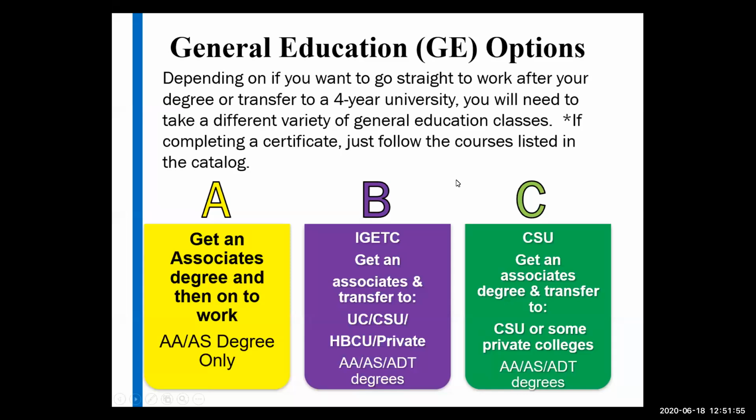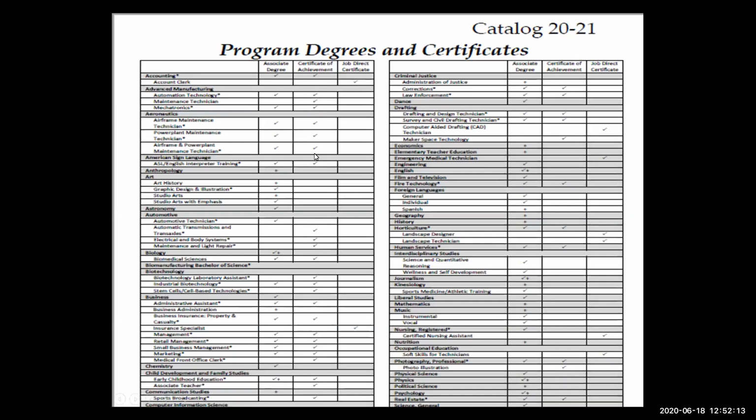As you look at the GE option, again, as a reminder, if you do a certificate, it means you would complete the major related courses, the topic related courses that are specific to that program. So if you were doing a certificate in accounting, you would take just the accounting courses and get a certificate.